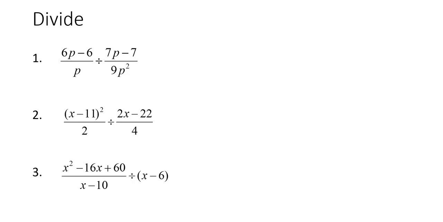All right, take a look at the second one, let's say. X minus 11 squared over 2 divided by that second piece. So if we're going to do a keep, change, flip thing, let's do x minus 11 squared over 2 times 4 over, well, 2x minus 22.